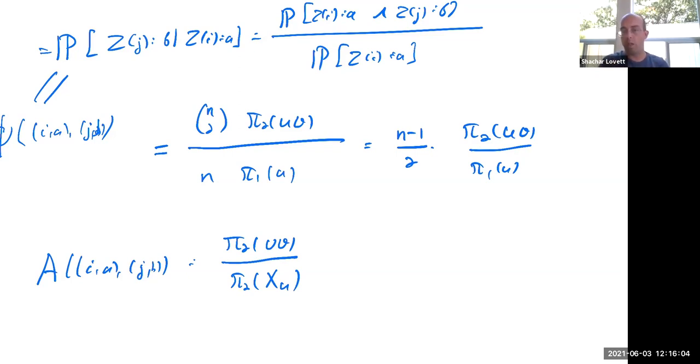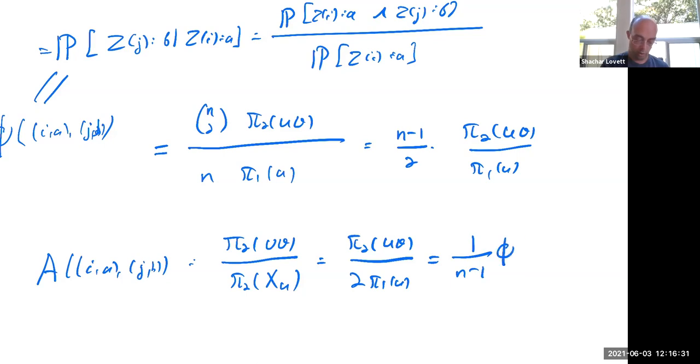So it's the weight of the edge normalized by the sum of the weights of all the edges touching u. And this is going to be pi 2 uv over twice pi 1 u. So it's very similar, except that the normalization is different. So this is exactly going to be 1 over n minus 1 times phi.